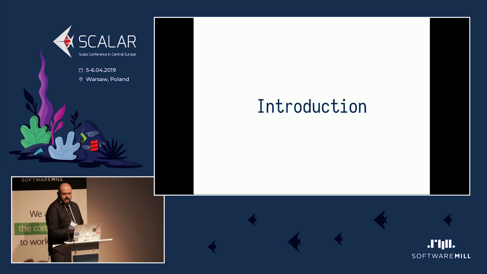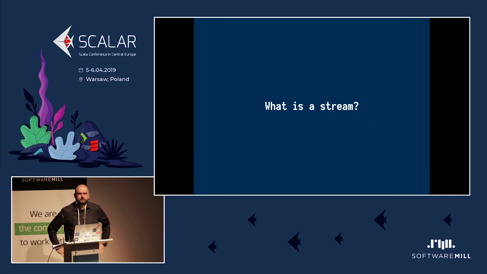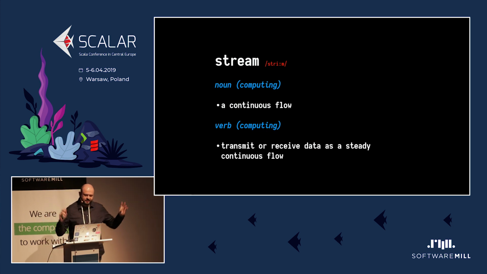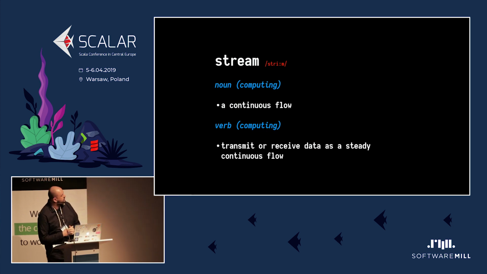Okay, so let's start with an introduction. My question is, what is a stream? Before we start looking deeply into the library, this is the definition from the dictionary, probably in the domain of computing: a stream can transmit or receive data as a steady, continuous flow.